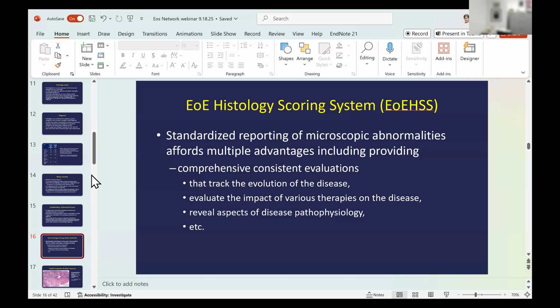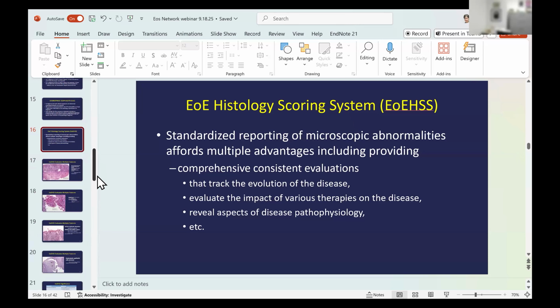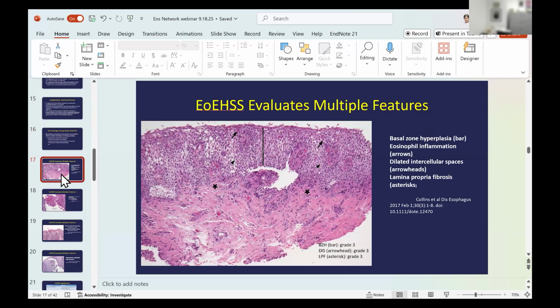And so for eosinophilic esophagitis, we have abnormalities now in the scoring system that can be, and really should be, evaluated every time a biopsy is obtained for eosinophilic esophagitis.